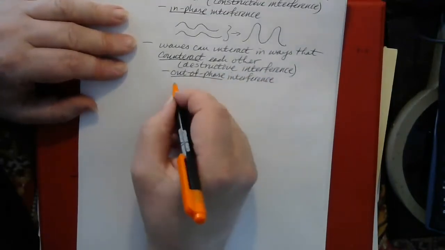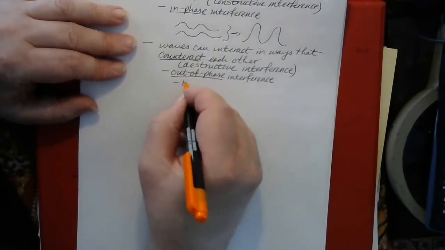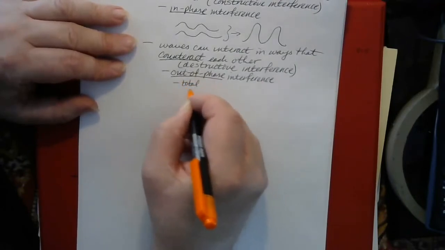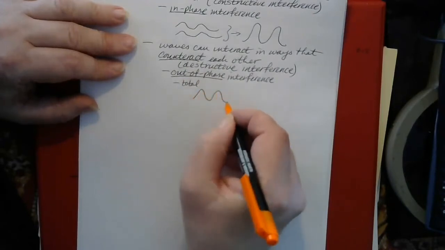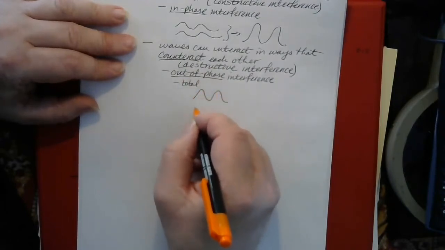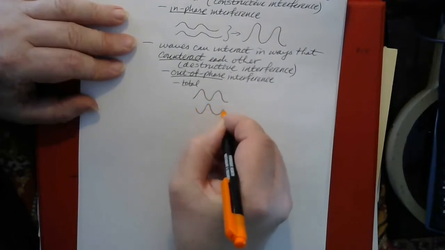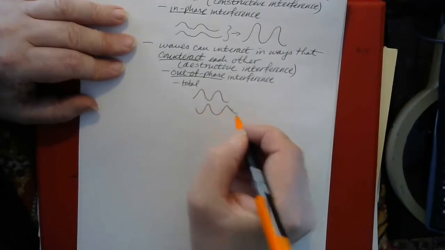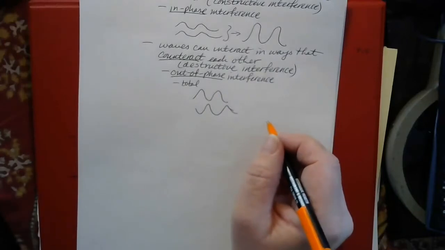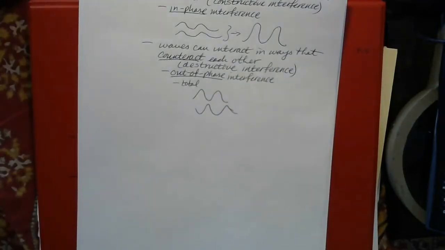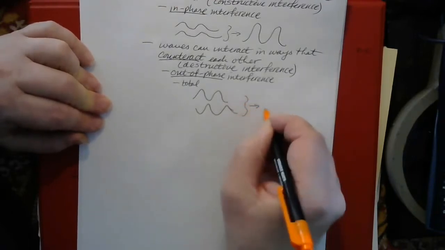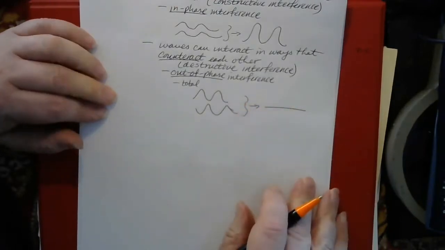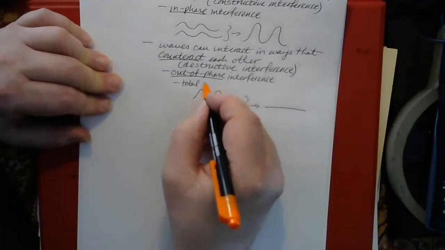And that can take the form of partial or total. So total out of phase interference would be a situation like this, where the peaks of one wave line up with the troughs of another. And the effect of that would be basically they cancel each other out totally.